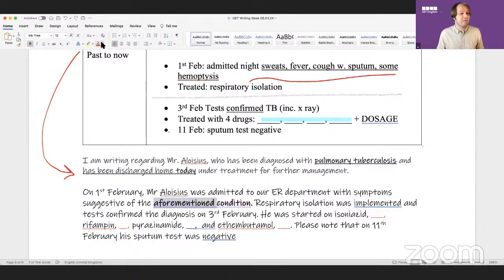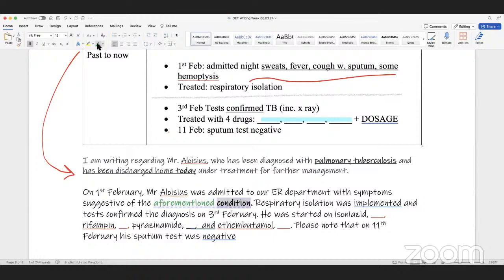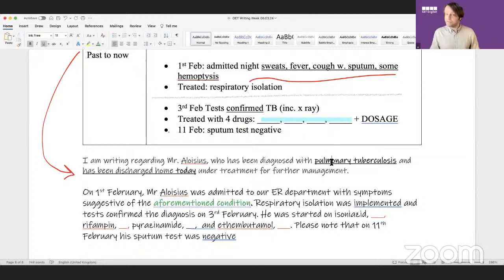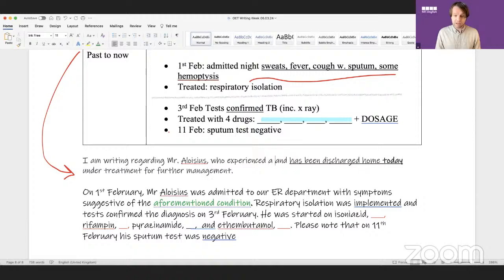Khalid, what does it mean, aforementioned? Aforementioned means mentioned previously or already. Now let's say, for example, Khalid, here you said who experienced a fever, headache, blah, blah, blah. And I'm not mentioning the diagnosis.